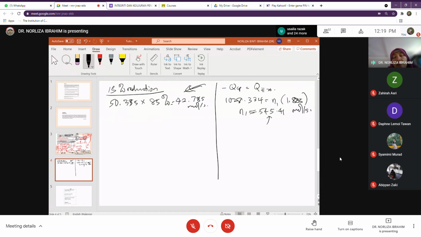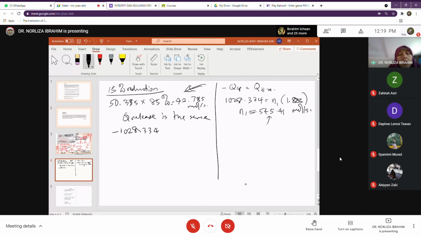By assuming, because it is already mentioned in the question, that all the operating conditions are the same, your Q release is still the same. This means that it is negative 1028.334.